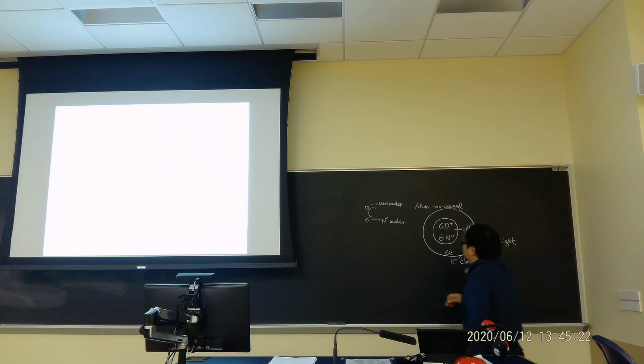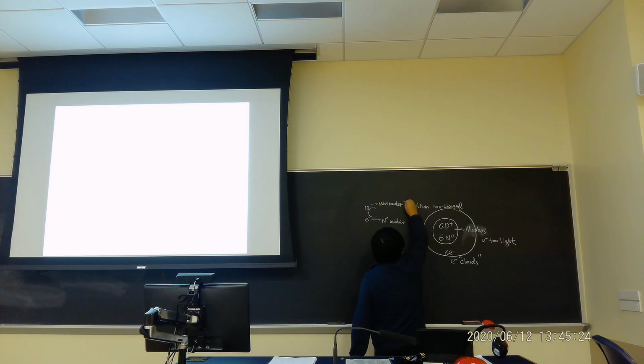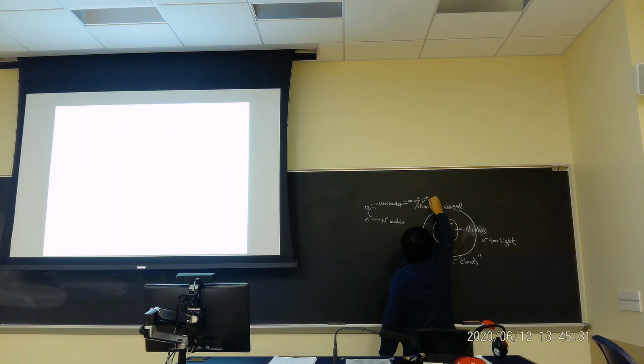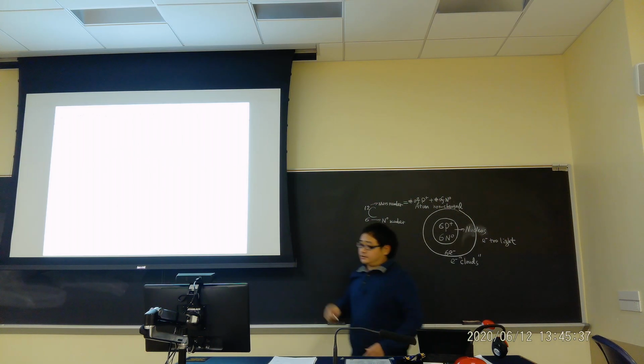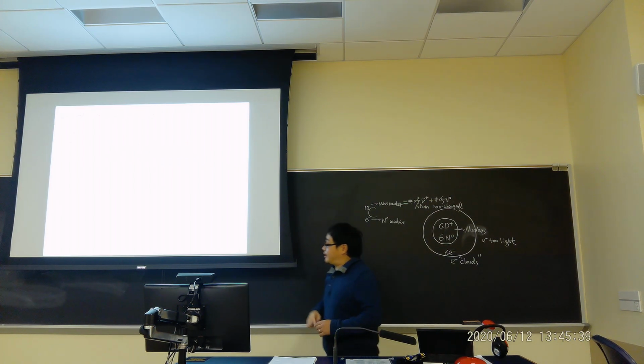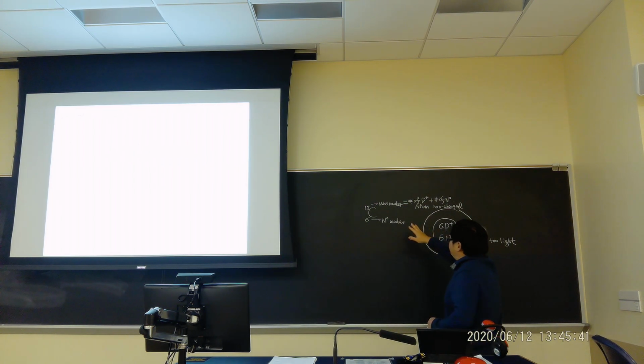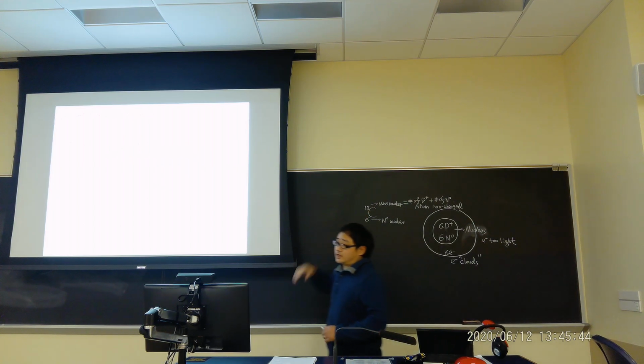So that's why the mass number is always the number of protons added to the number of neutrons. That is what we explain using carbon on this slide.